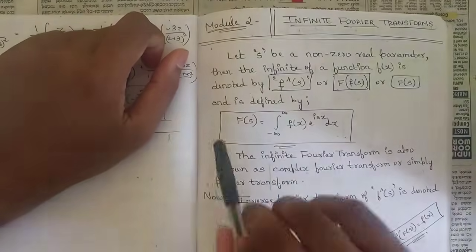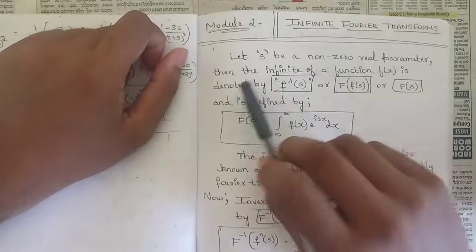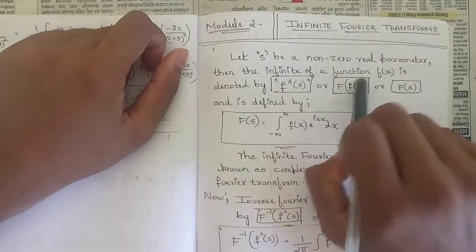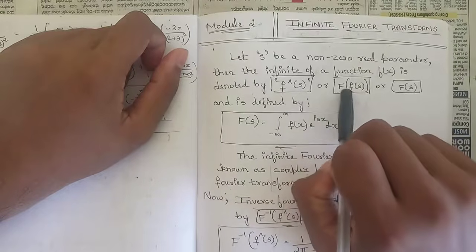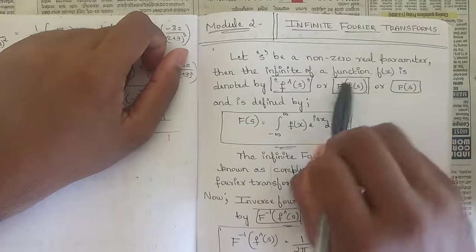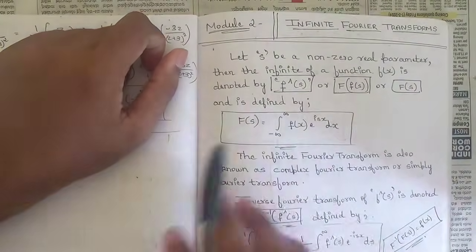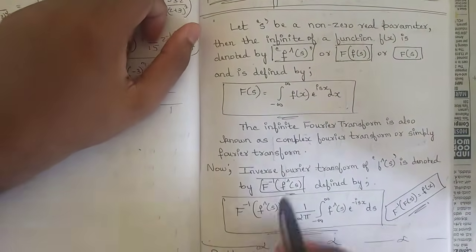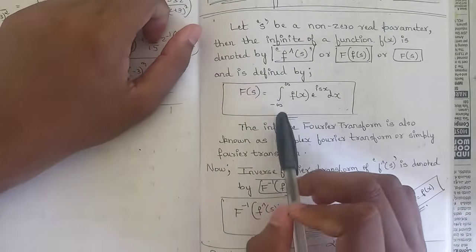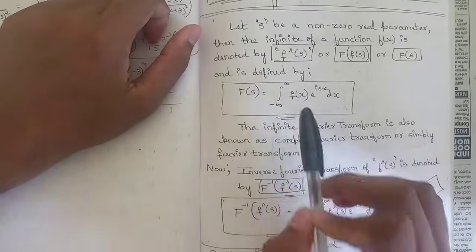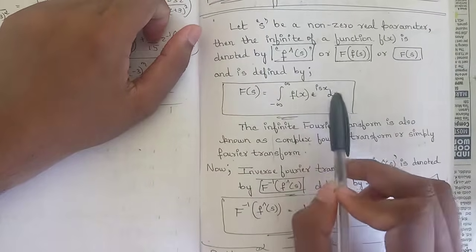Then the infinite Fourier transform of a function f of x is denoted by f cap of s or F of s. It is generally given as F of s is equal to the integral from minus infinity to infinity f of x into e power isx dx.